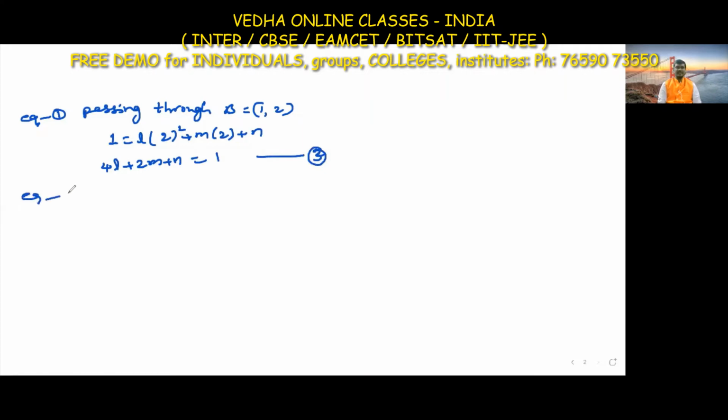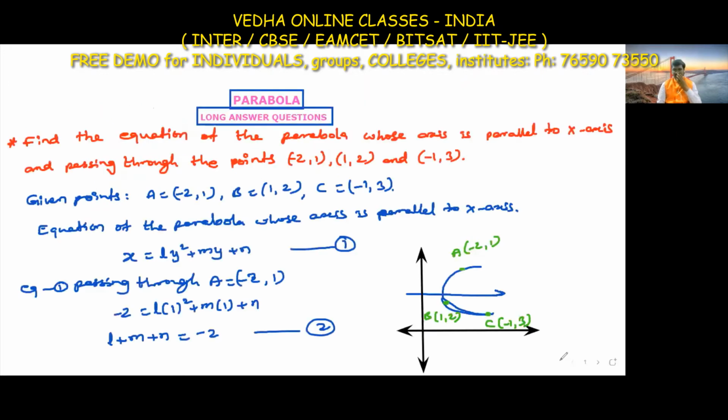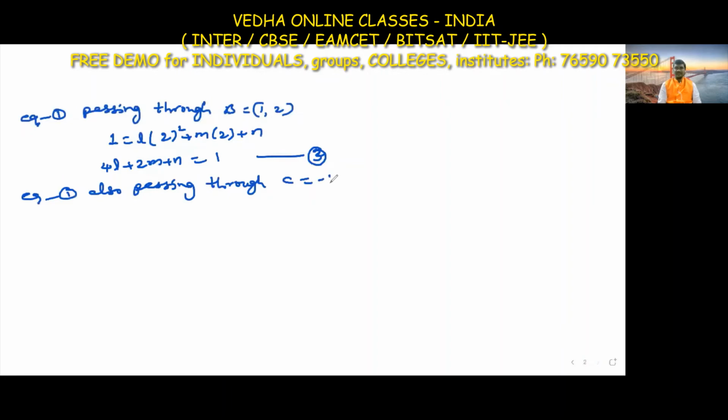This equation 1 also passes through the point C. What is the C point? C is (-1, 3).